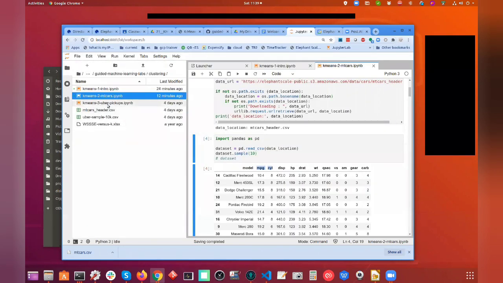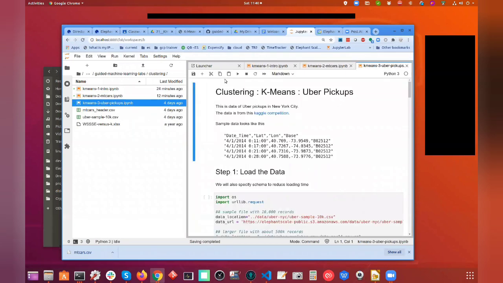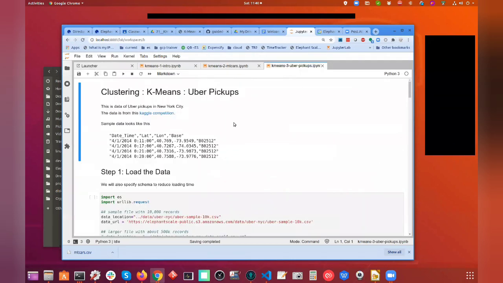The other one is a really fun lab, figuring out Uber hotspots. Uber published this data a while ago. It's part of a Kaggle competition. The data is pretty simple: timestamp, latitude, longitude, and base number.